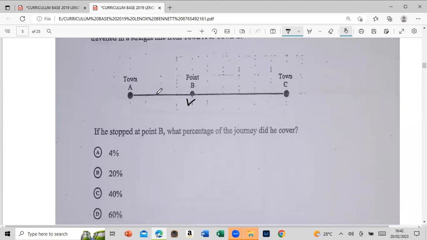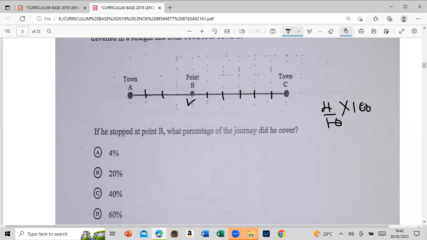The lines were supposed to be here, but they are a bit faded. So we can see it's 1, 2, 3, 4. So that's 4 out of a total of, let's see what the total is, 4, 5, 6, 7, 8, 9, 10. So it's 4 over 10. But since percentage means out of 100, we multiply by 100%.